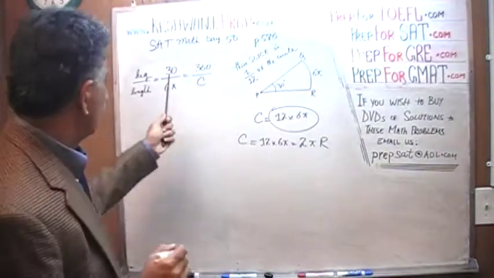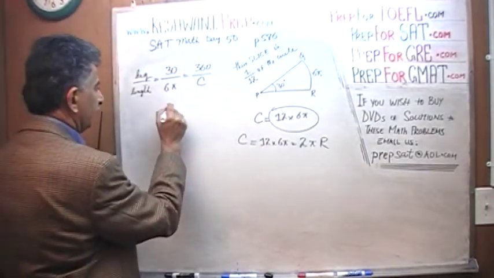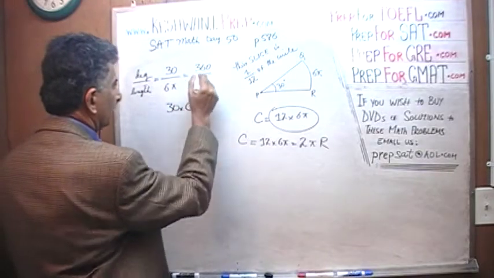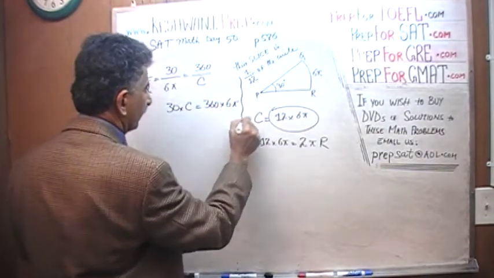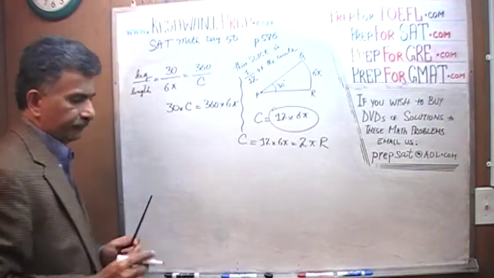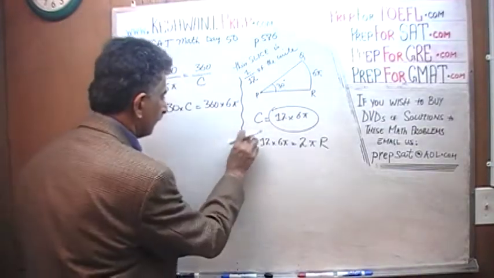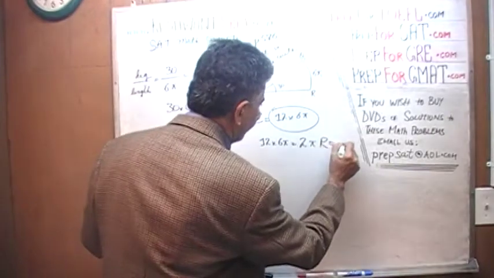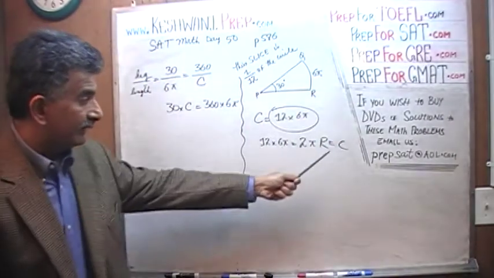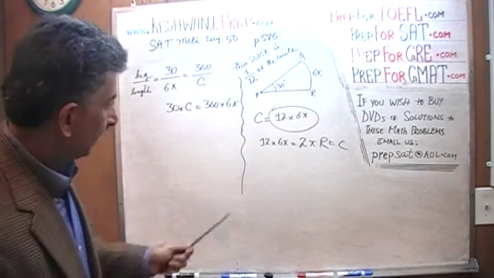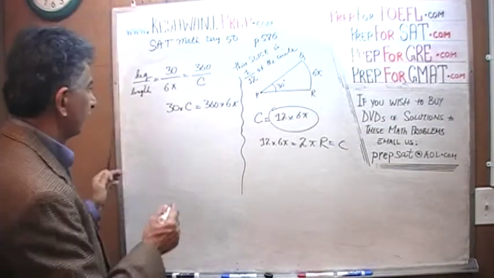If we cross multiply, we find that 30 times c equals 360 times 6 pi. Let's keep it separate here. And we just solve for the circumference, and we'll find the same value as we found here, no different. It'll be 12 times 6 pi. You'll see in a second.